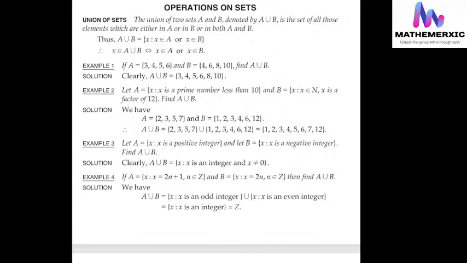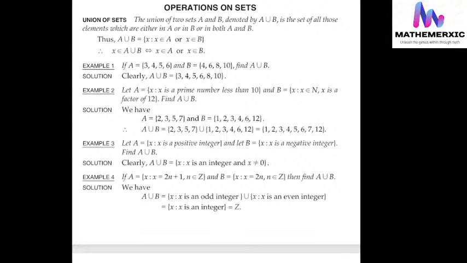It is completely possible because it contains the intersection part also, right? So that's why whenever we say A or B, we can write like this. A is 3, 4, 5, 6 and B is this. What is the union? The union will contain all the elements of 3, 4, 5, 6, 8, 10.